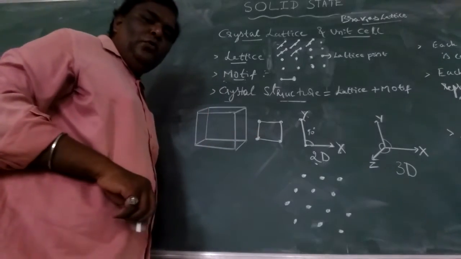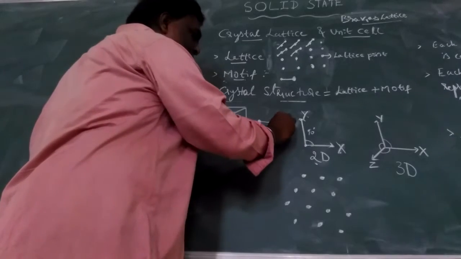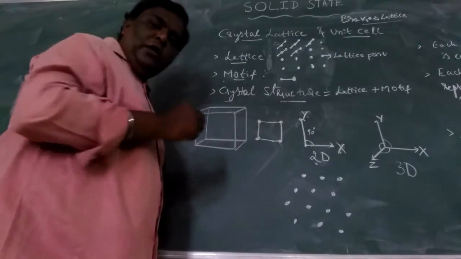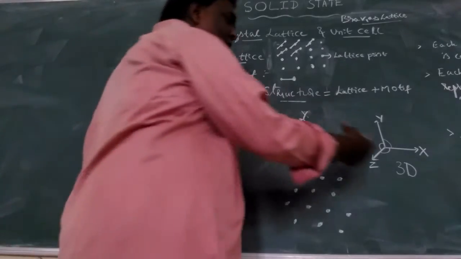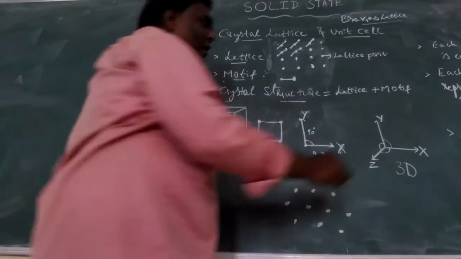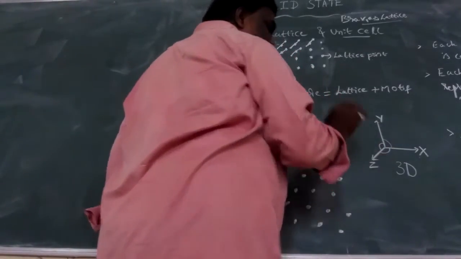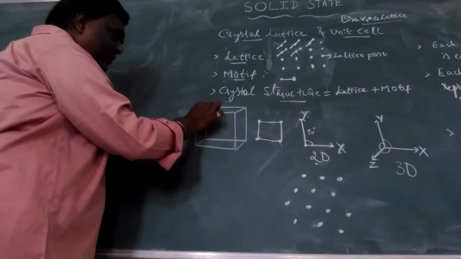In this manner, the two-dimensional structure takes place. The other is the three-dimensional crystal lattice, that is x, y and z. Understood? So that is represented here.